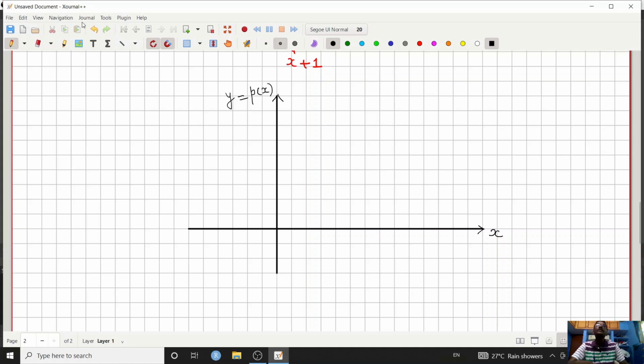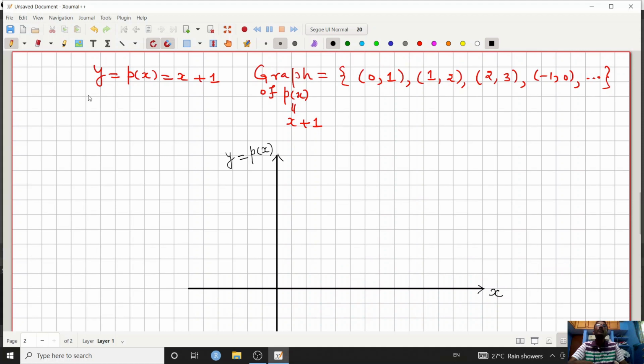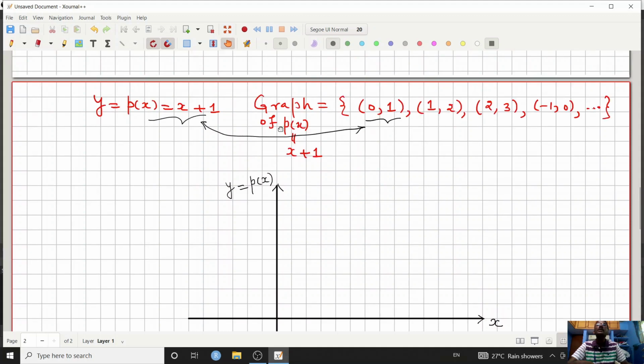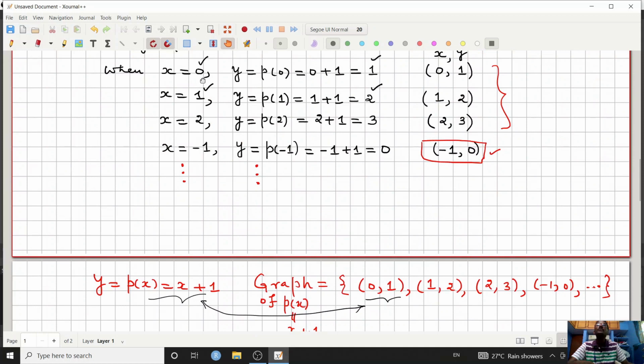Now let us get back to the graph. So now we are going to plot these points. These points are obtained from this polynomial equation by giving different values. That's what we have seen a little while ago. See, when x is equal to 0, we are getting the value as 1. So (0, 1).